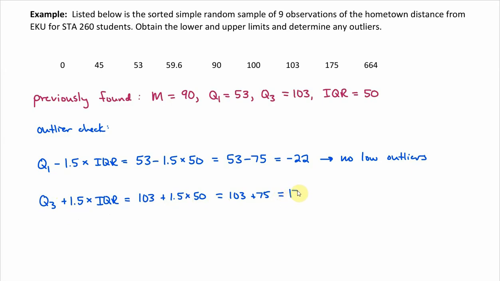And yes, we got something bigger than that. The 175 barely gets in under the wire, but then that 664 is much, much bigger. So we do have an outlier, 664, because that's certainly beyond the 178. So 664 is an outlier, and as a final answer for the outliers, it's just 664.